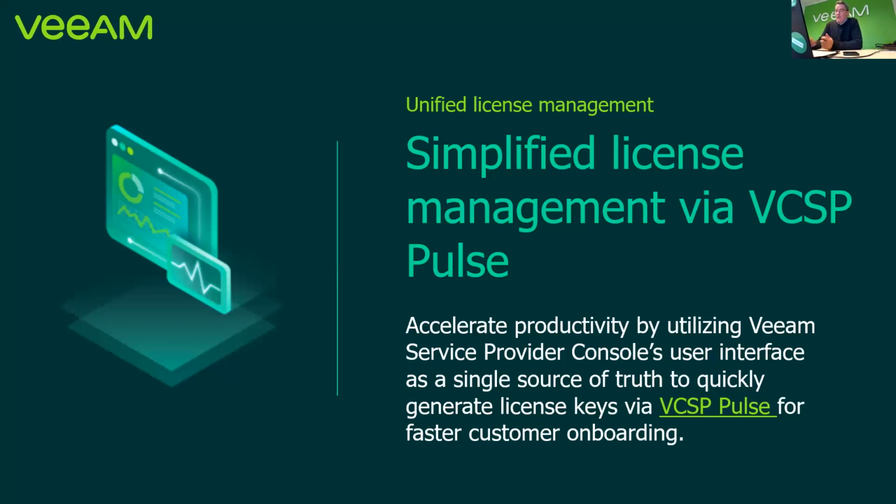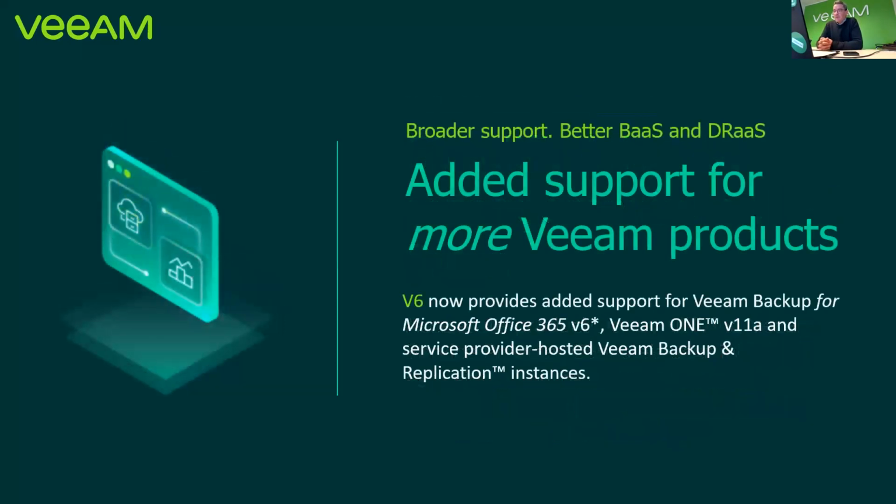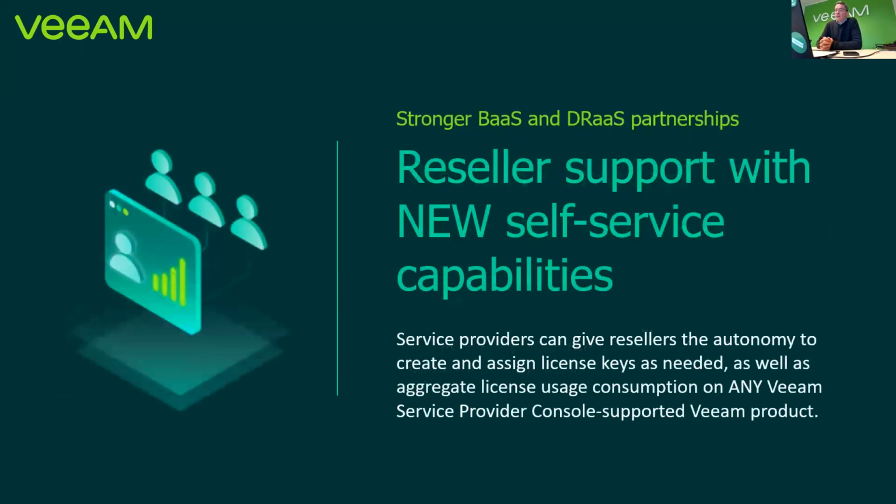So I already touched on the next slide, the Office 365 and Veeam ONE included in the service provider console. Then another possibility, as from now on, is reseller support. So if you have other resellers that are offering your service to their customers, it will allow these resellers to manage their own licenses for your service.